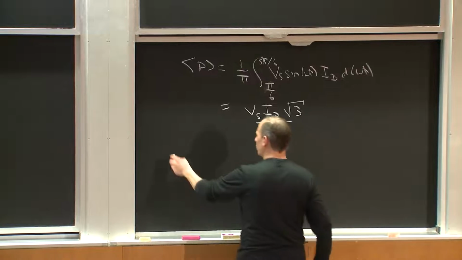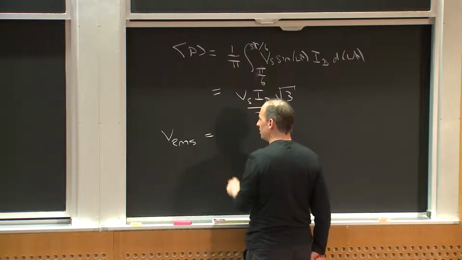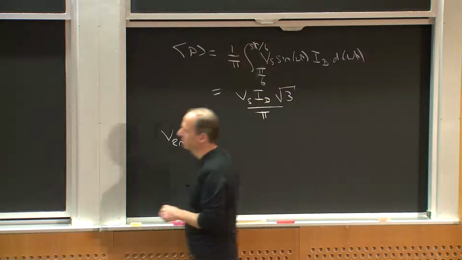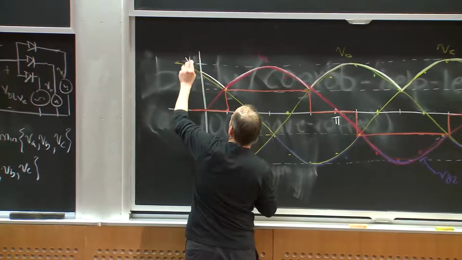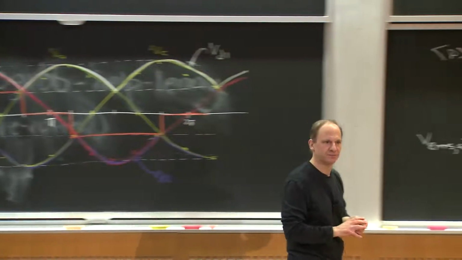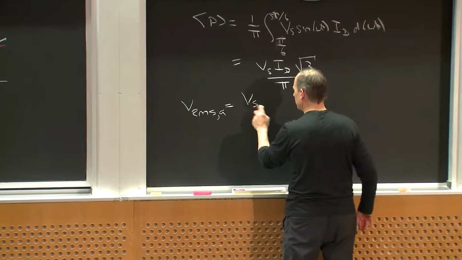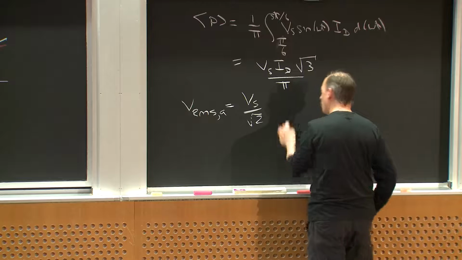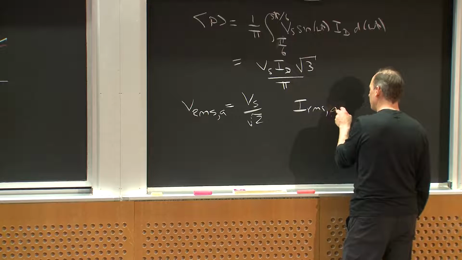What's the RMS of phase A? If this has an amplitude Vs, what would be the RMS of single phase? Vs divided by square root of 2. Yes, Vs over the square root of 2. What's IRMS of phase A?